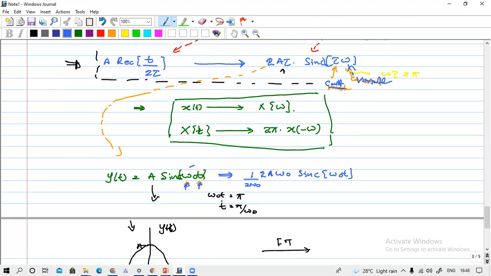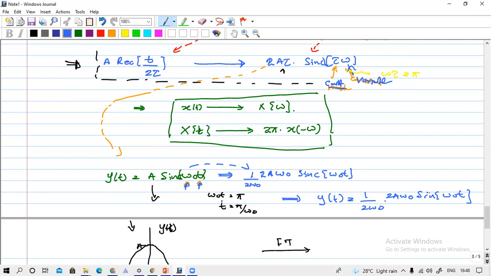So I can form this signal like this. Now our y(t) is equal to 1/(2ω₀) times 2Aω₀ sinc(ω₀t), correct?